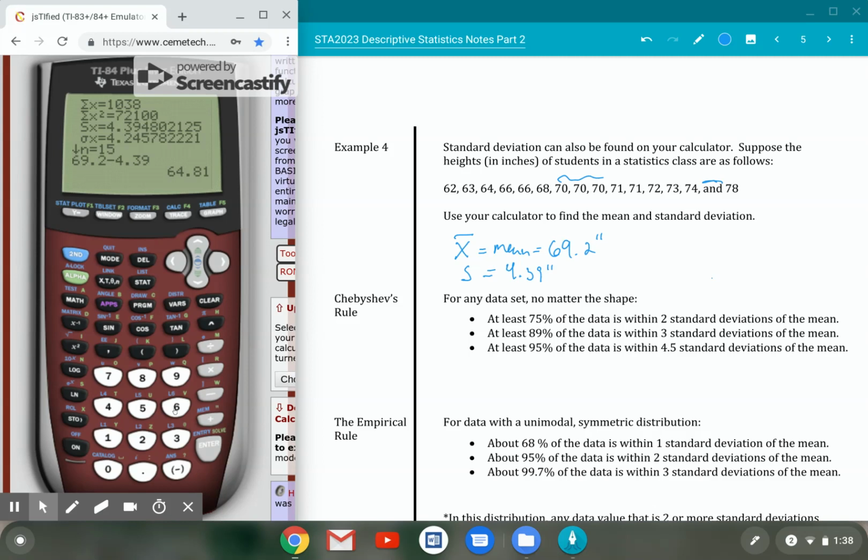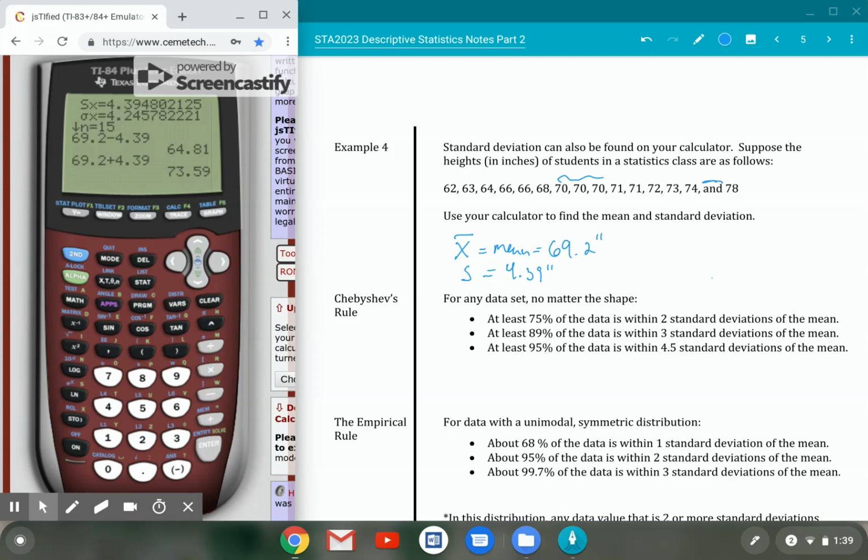And if I add those two together, 69.2 plus 4.39, it gives me 73.59. And so we're saying, because the mean was 69.2 and the standard deviation is that, most of our class should be between 64.81 and 73.59.